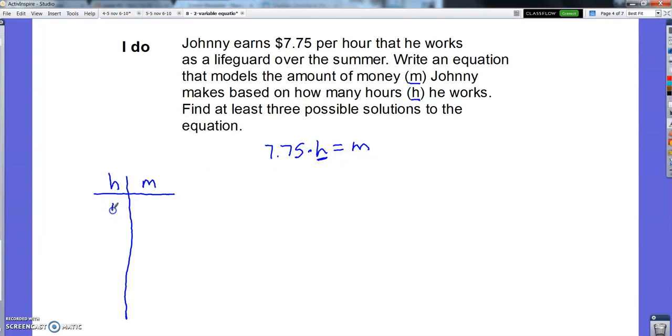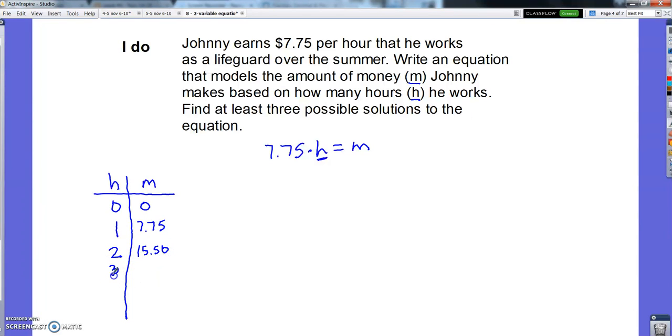So one possibility is that he works 0 hours and earns $0. 0 times 7.75. He could also work 1 hour and the money would be $7.75. If H is 2, then M is, what did I say last time? 7 times 2 is 14. 75 cents times 2 is $1.50, so 15.50.